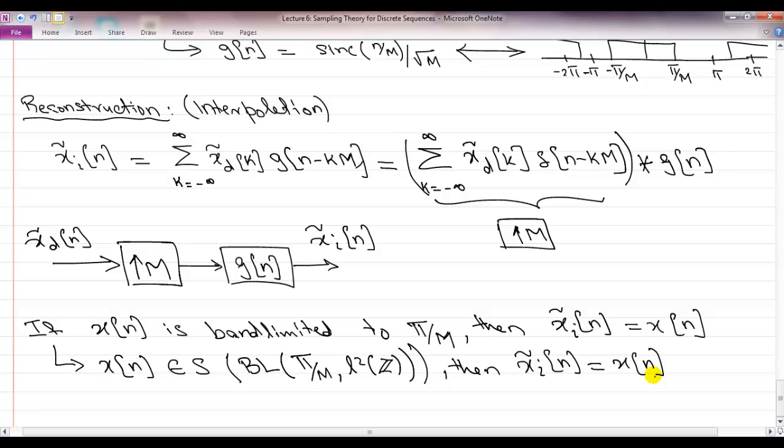If m is 10, your signal must be band-limited to pi by 10. Stated differently, if your signal is band-limited to pi by 2, you can't have m bigger than 2. Okay? And we'll look at it in more detail when we focus only on the frequency domain aspects of this decimation and the upsampling and expansion.